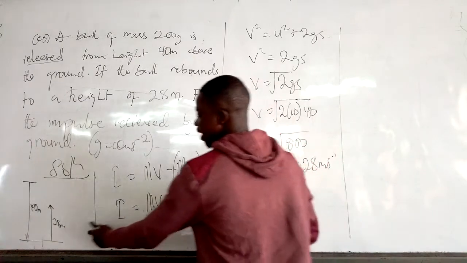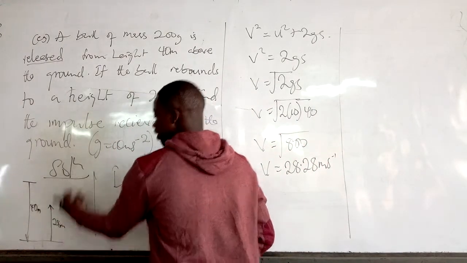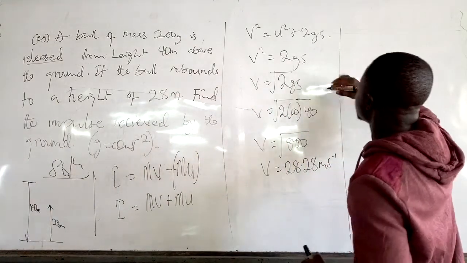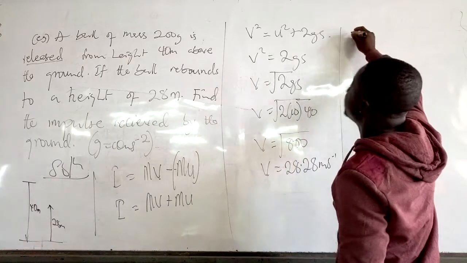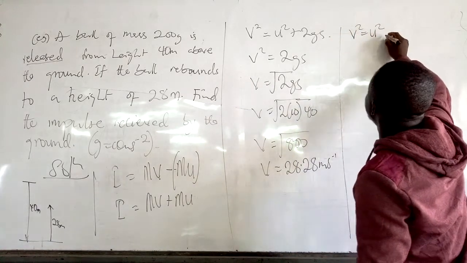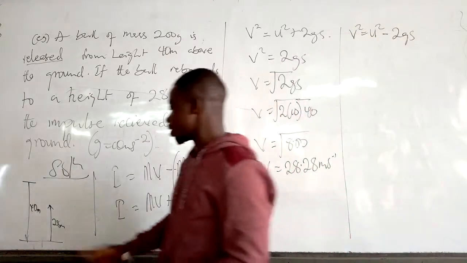Then we find the initial velocity that was given to the object to move up in the rebound case. In the rebound case, we still use the same equation. v squared is equal to u squared minus 2js. This time around, we are using minus because the body is going up.